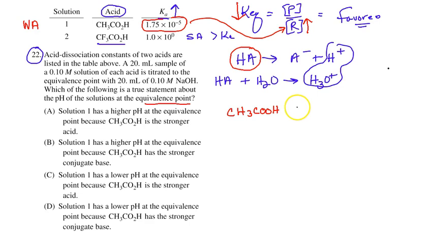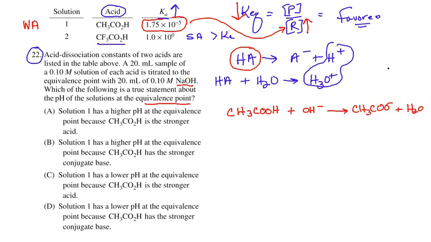And basically what it's going to do, okay, they're adding a base here, titrated with a strong base, so it's a hydroxide. The sodium is spectating. This strong base is going to yank an H away, and I'm left with this what? CH3COO negative. And of course, I made water.